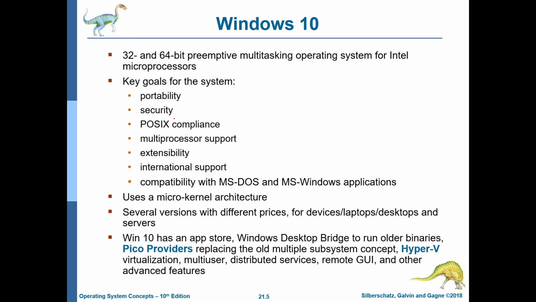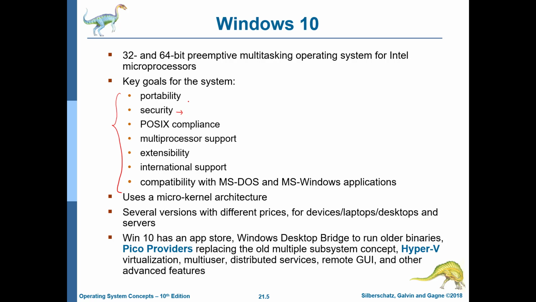So Windows 10, well, what does it bring to the table? It is the latest state of the art 32 and 64-bit preemptive multitasking operating system with these being its key goals. So it is portable in the sense it runs on a large number of devices. It has security.